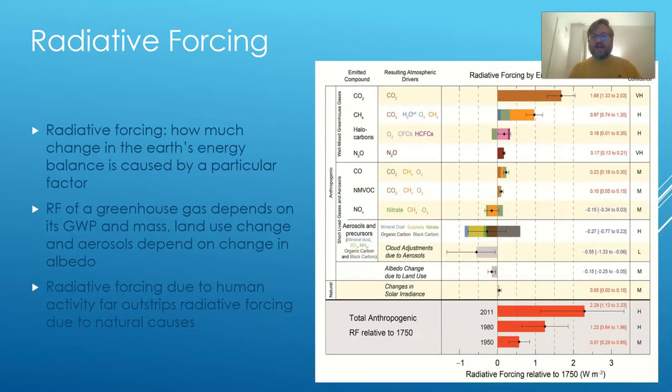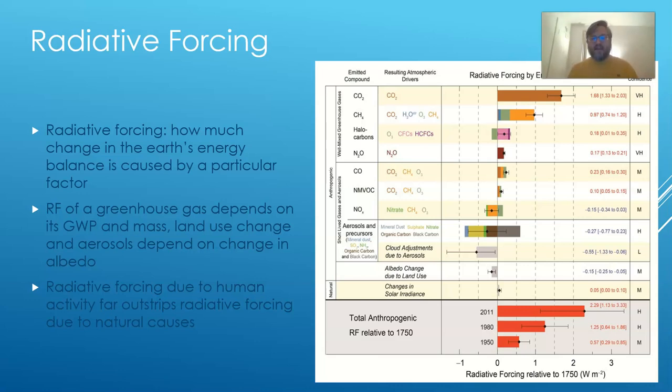And so CO2 ends up coming out on top when we look at what's called radiative forcing. So radiative forcing is how much change in the Earth's energy balance is caused by a particular factor. So a thing that's happening, a thing that's changing about our climate system, how much does that change the amount of energy that the Earth is retaining? Okay, how much does it alter the Earth's energy balance?